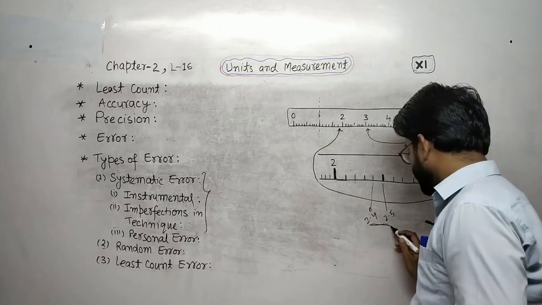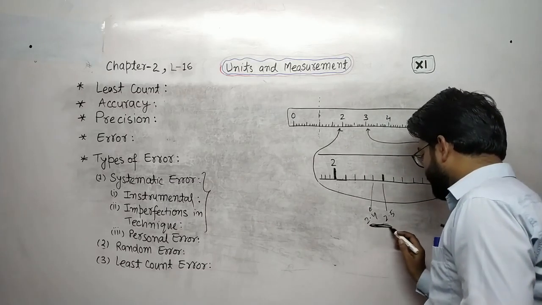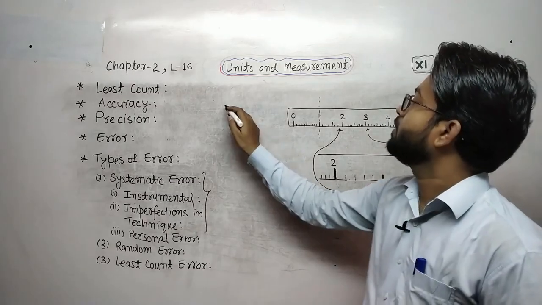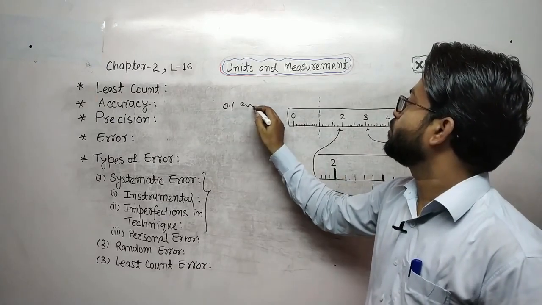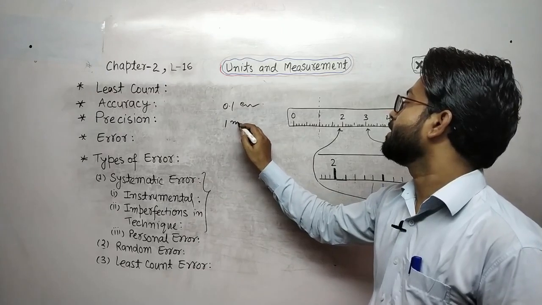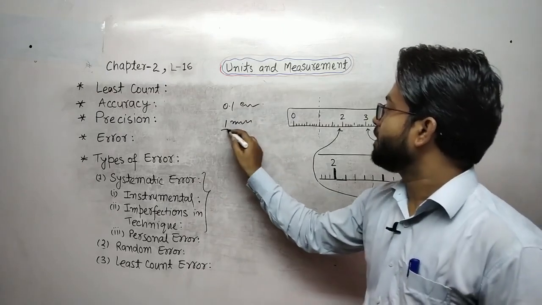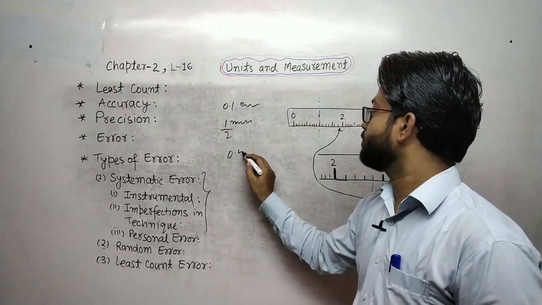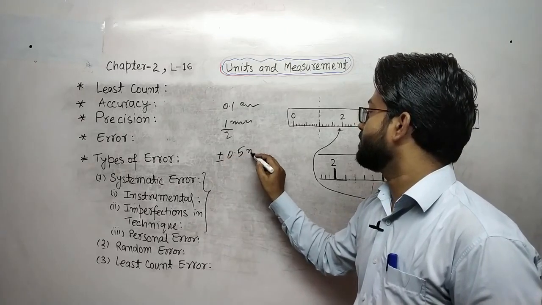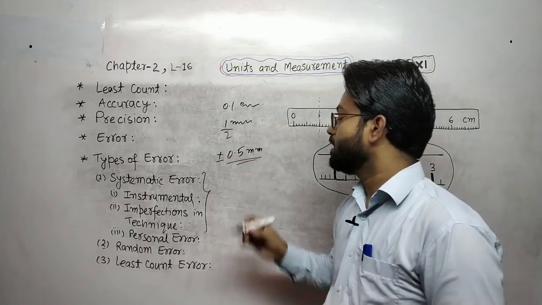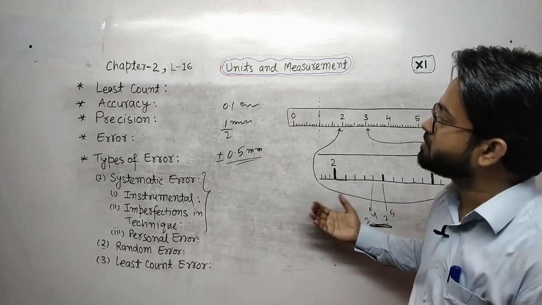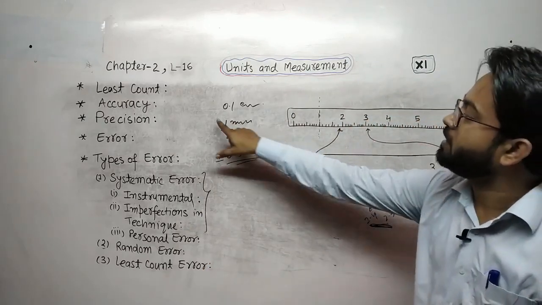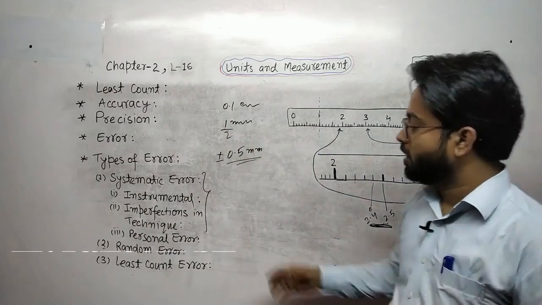If you take the difference of 2.4 and 2.5, you will have 0.1 centimeter or 1 mm. Divided by 2, that means plus or minus 0.5 mm is the least count error. That means least count error is the least count divided by 2.